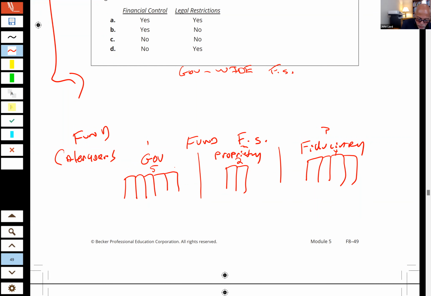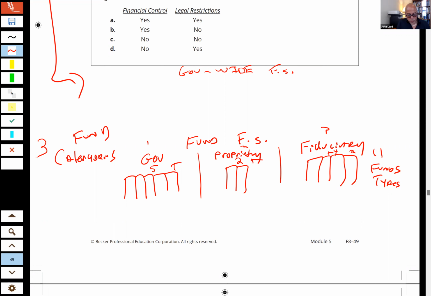So there are a total of what? 5 plus 2 plus 4. There are a total of 11 funds. Okay, 11 funds that fall in 11 fund types. Okay, maybe we should say 11 fund types, because there could be several different types of proprietary funds. So there are 11 fund types and 3 fund categories.